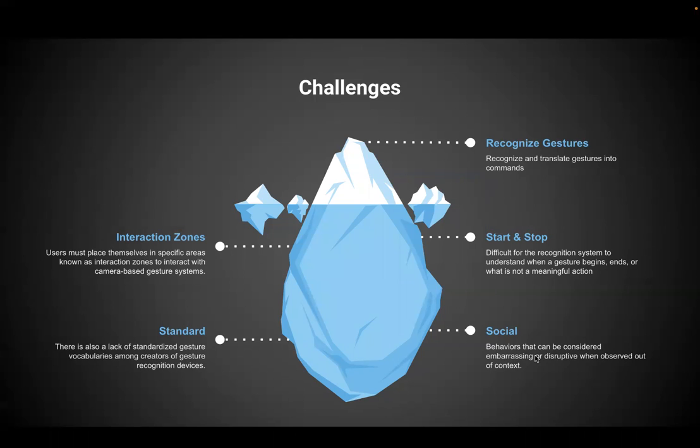And there are also social challenges, which are also not that obvious, because some gestures are very awkward, and some people don't really want to show some behavior in front of a lot of people. For example, imagine that you need to control a computer with 10 minutes of dancing, but some people probably don't want to do this in front of other people, even their parents, family, or friends, or even strangers.